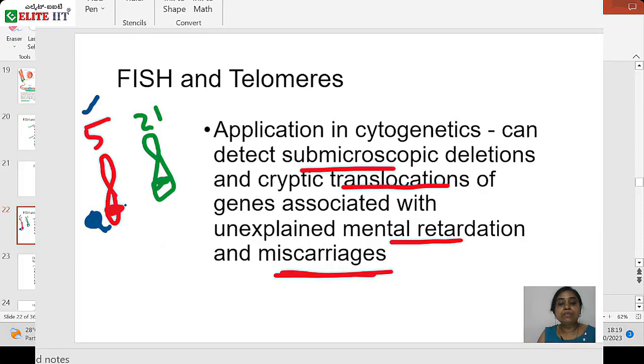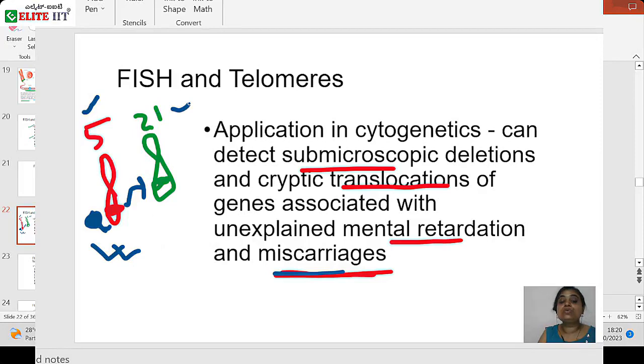In the normal case, you should observe it in chromosome 5. But when some mental retardation or other abnormality or miscarriage is happening, you may find that this gene is actually translocated from chromosome 5 to chromosome 21.